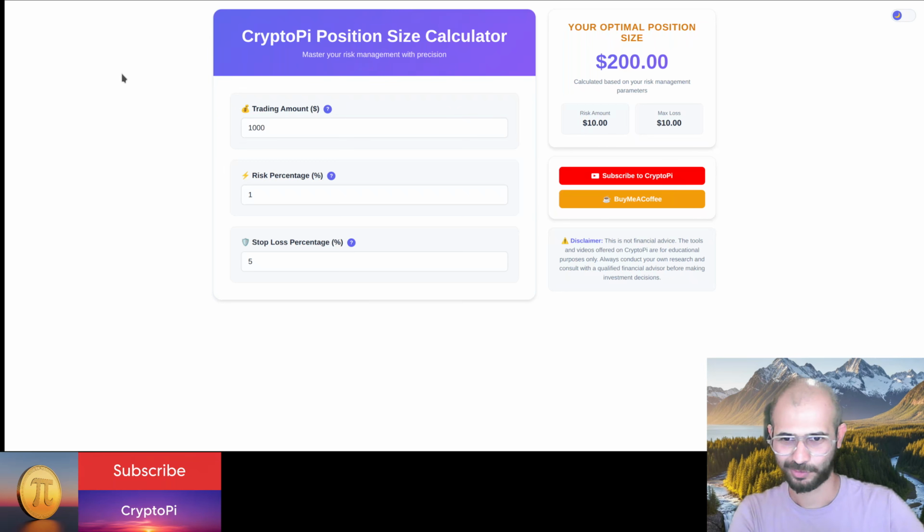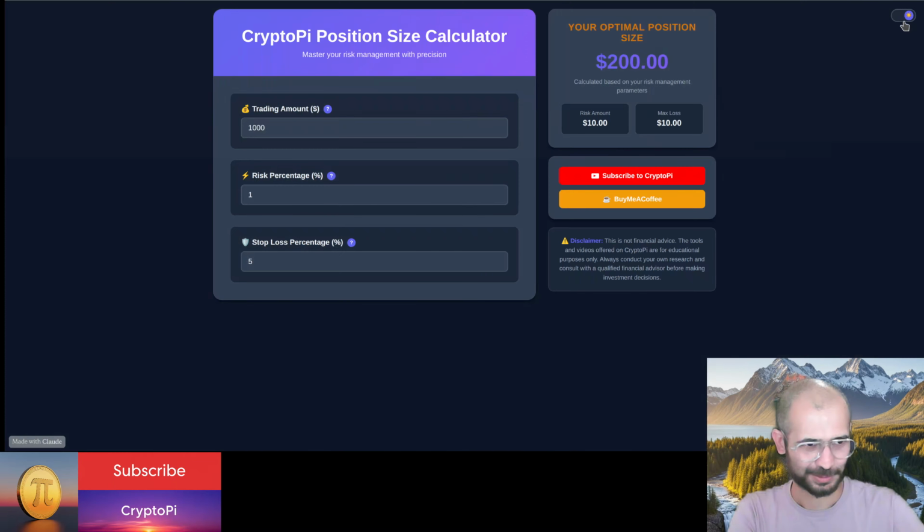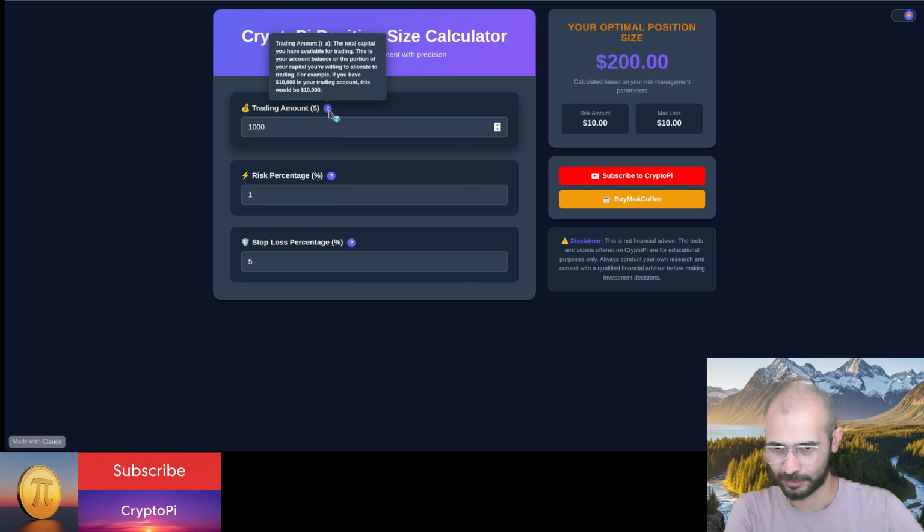All right, but before that, there is one more thing. We can flip it to dark mode. Additionally, if you hover over this symbol, it explains what the trading amount exactly means. In this case, it is simple: if you have $10,000 in your account, then that is your trading amount.